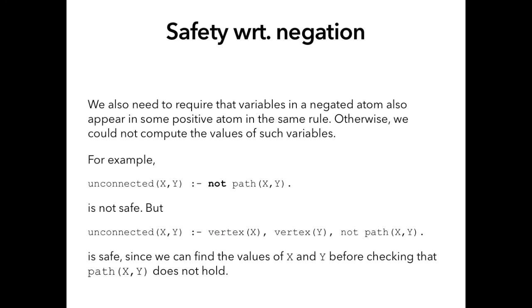They are vertices. So we can find the values of X and Y before checking that path of X and Y doesn't hold. So there's safety about negation, that the atoms that we negate must be ones that we can compute.